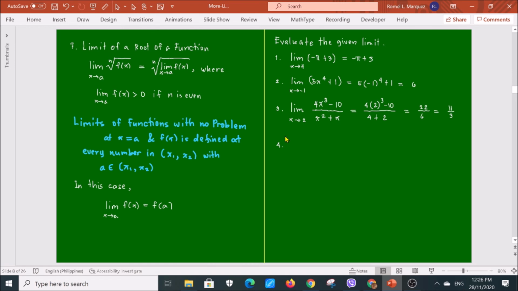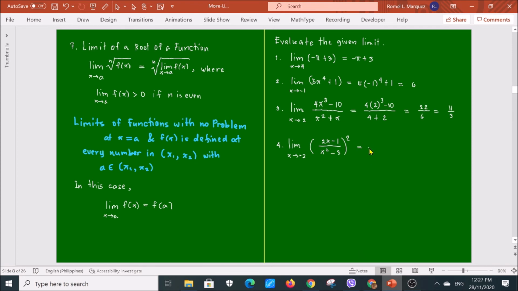Something a little bit different. Later, those that have at least transcendental functions. The limit as x approaches negative 2 of 2x minus 1 all over x squared minus 3 quantity squared. Okay. So we now have what?